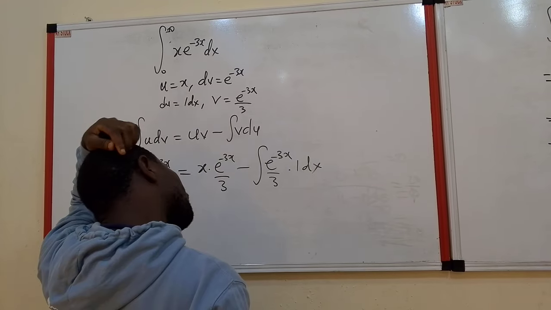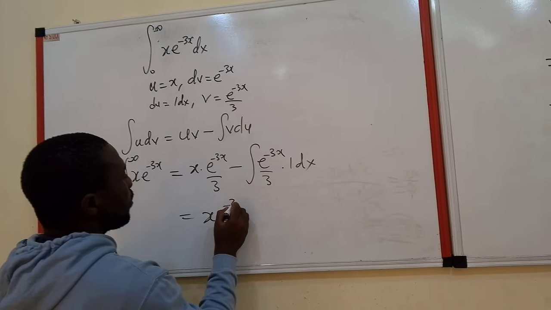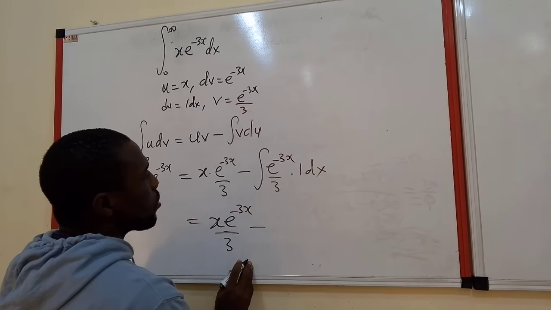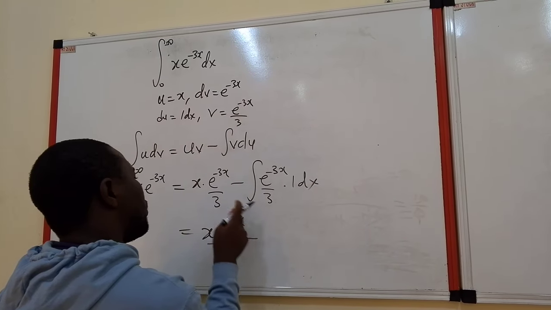And so I have x exponential minus 3x over 3 minus, bring out the 3 here, so I have 1 over 3.